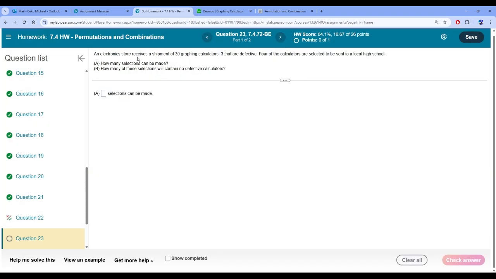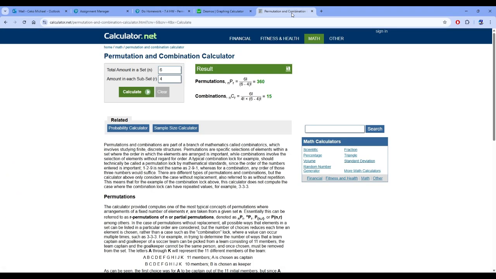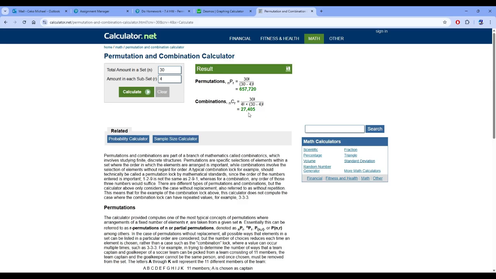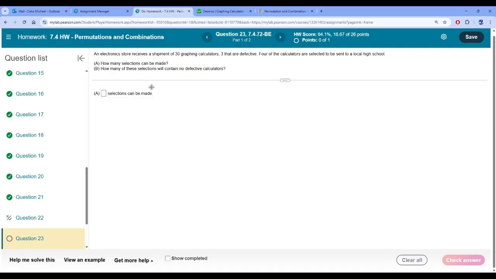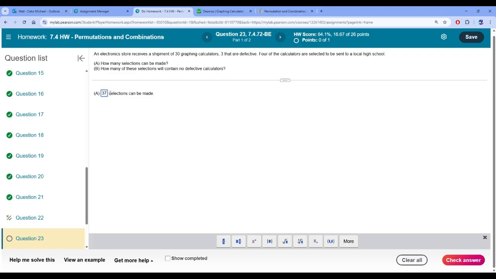An electronics store receives a shipment of 30 graphing calculators, 2 that are defective. 4 of the calculators are selected to be sent to the local high school. How many selections can be made? Is it 30 combination 4? 30 combination 4 would be 27,405.